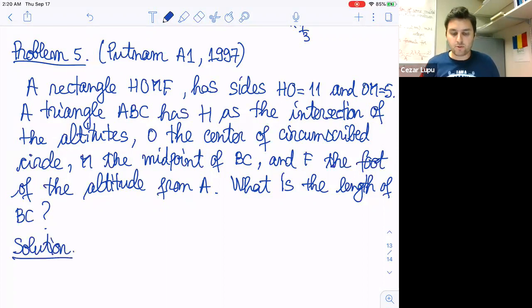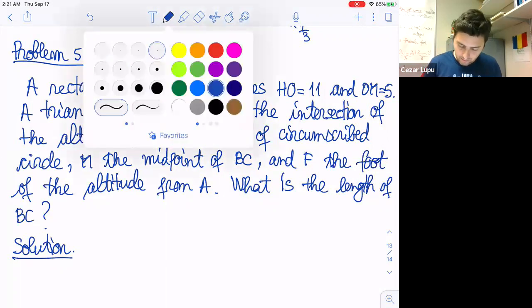And I think if we draw a picture, things will become even clearer. So let's see. I have some information here that I want you to look at.